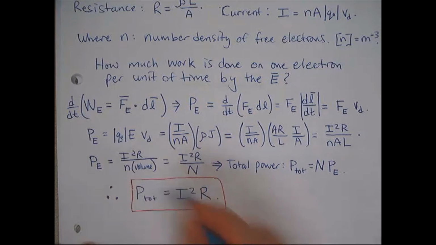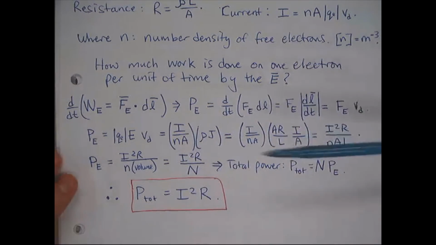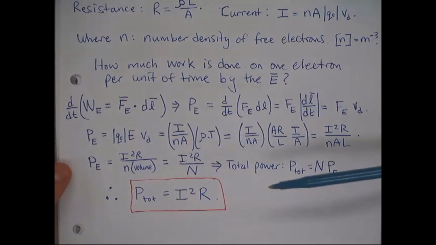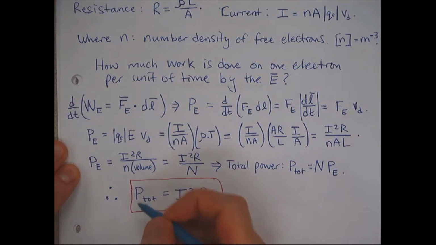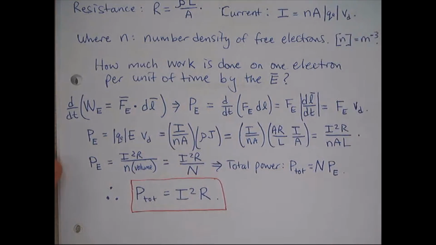Now, understand that this was calculated as the amount of power being input to that sample of free electrons.